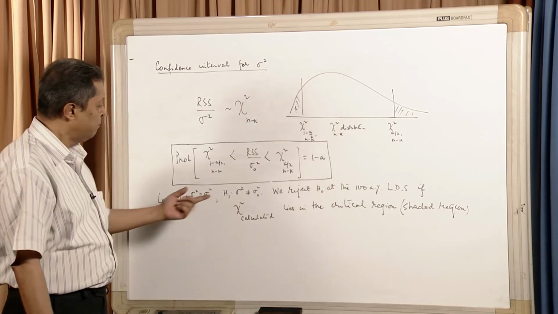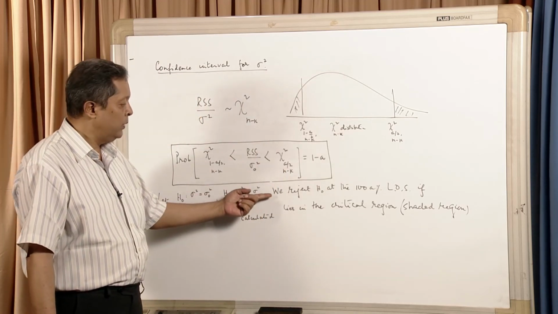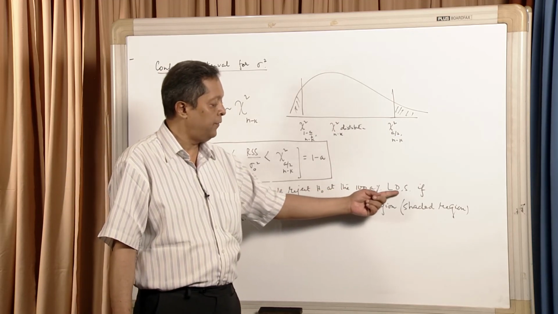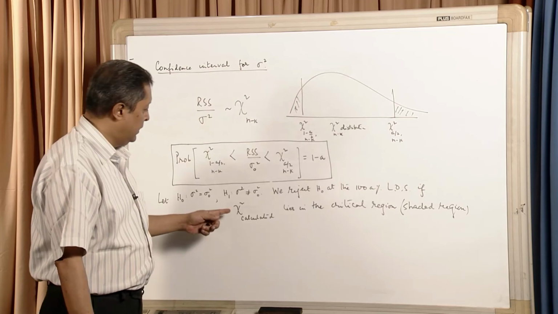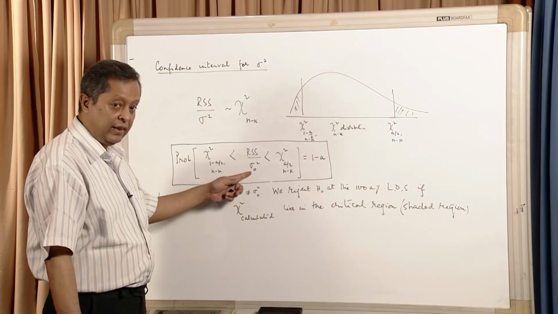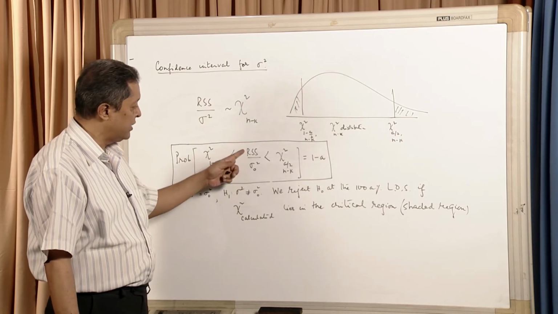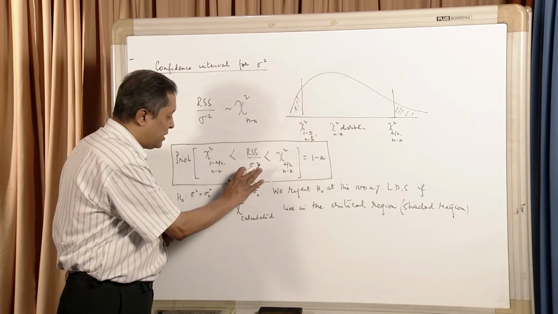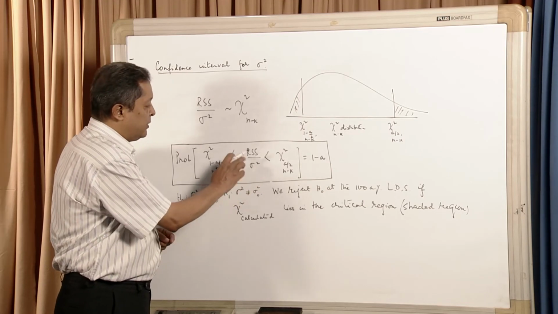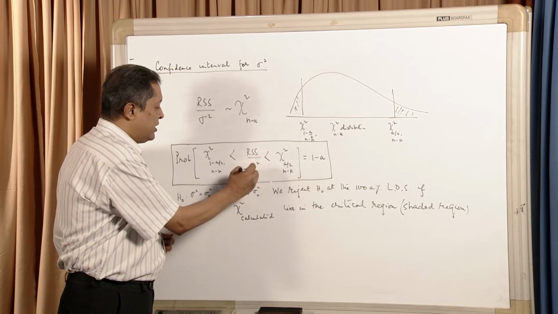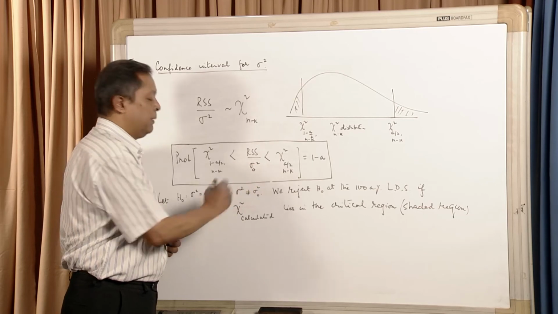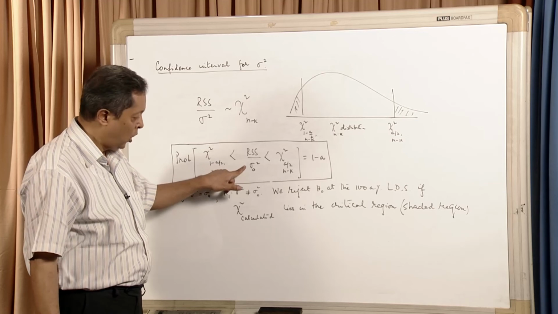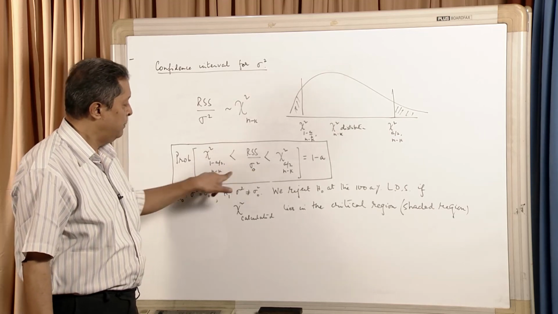So, simple, the decision rule is we reject H naught at the 100 into a% level of significance if the calculated value RSS by sigma square, where this sigma square is given this value sigma square naught, does not lie between this interval.